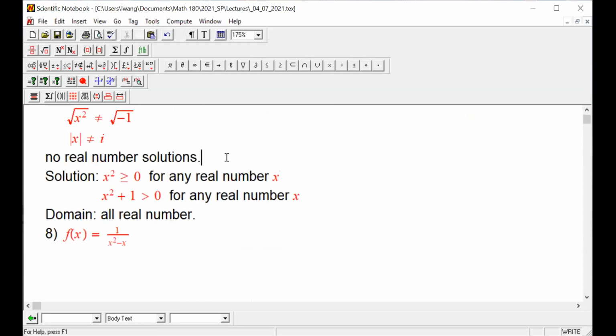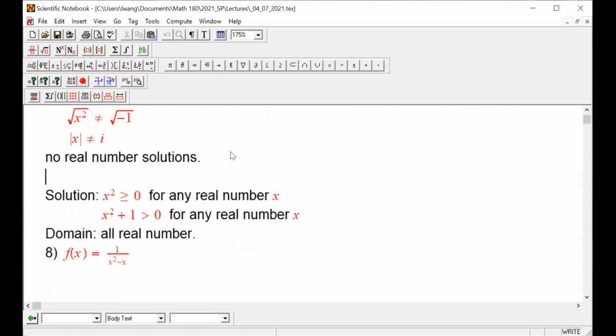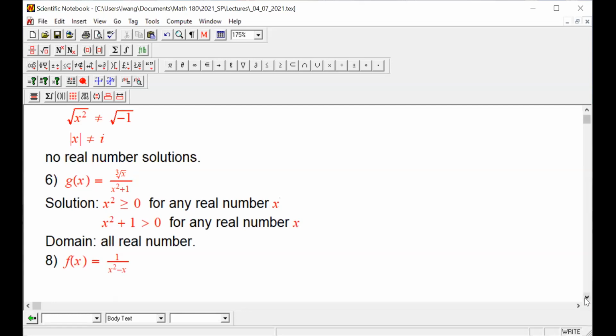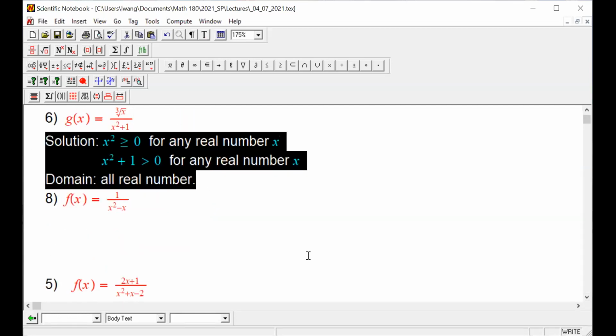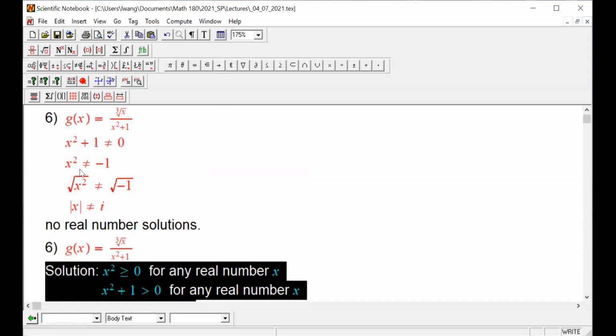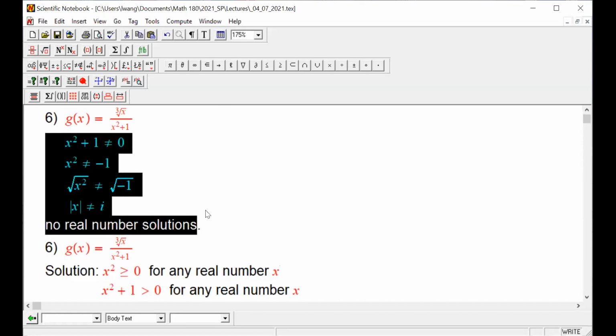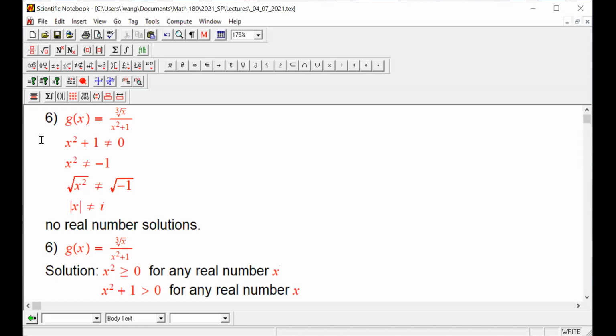So if I were you, this will be the work I turn in. And every professor, I promise you, will give you full credit. And you do not need to show this at all. You don't do this on the scratch paper.